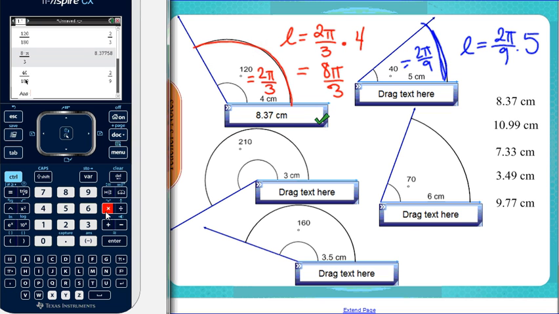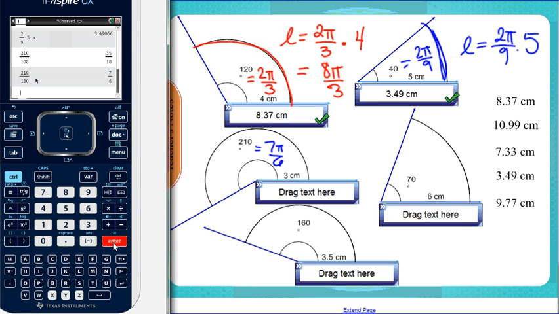So if we do times 5 times pi, we get 3.49. So that's this one. Okay, 210 degrees, we can convert that to radians by multiplying by pi over 180. 210 divided by 180. Okay, so that's 7 pi over 6.